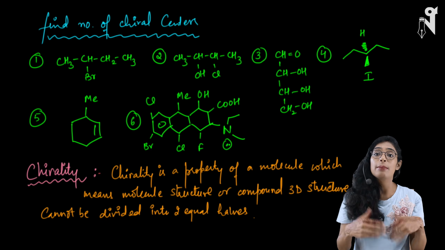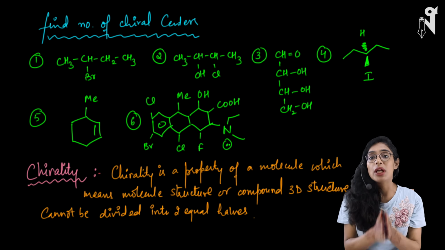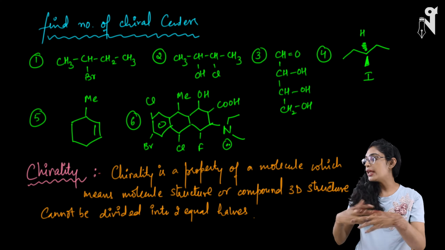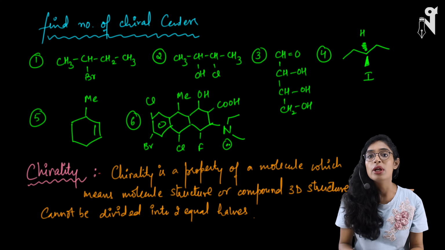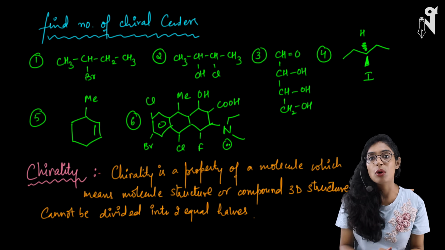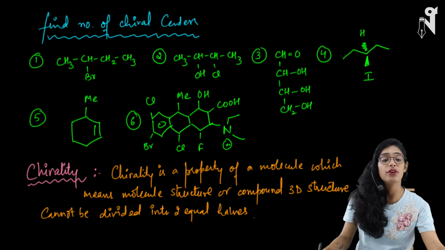So again, I'm repeating, when a substance cannot be divided into two equal halves, I'm talking about any substance in general, or if we take a molecule as reference and try to cut it through a certain plane and we cannot cut it into two equal halves, that means that particular molecule is a chiral molecule. So here let's look at the definition.